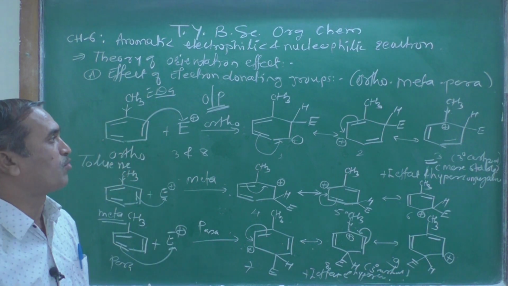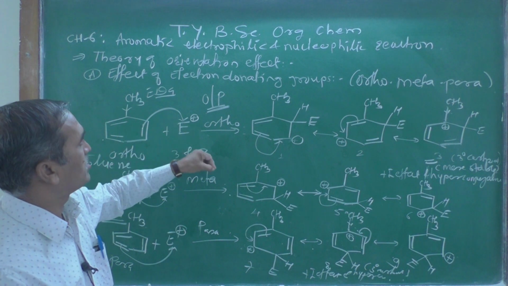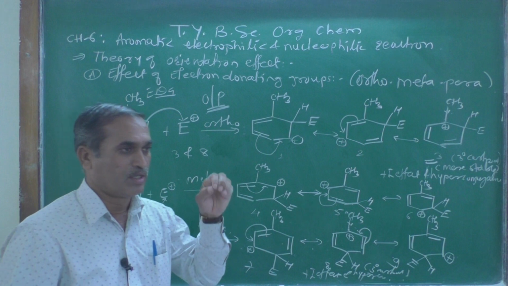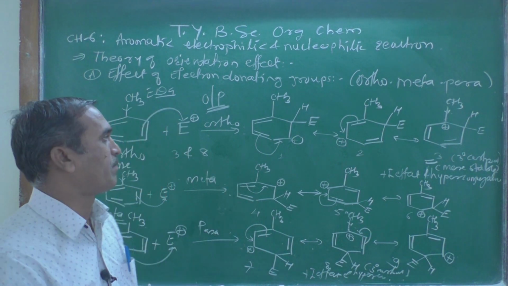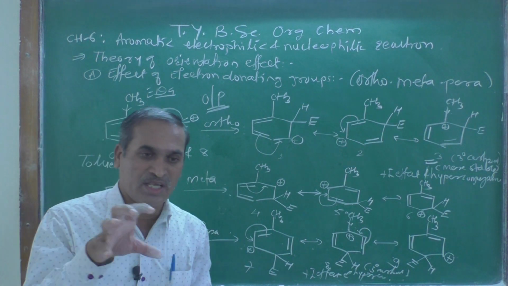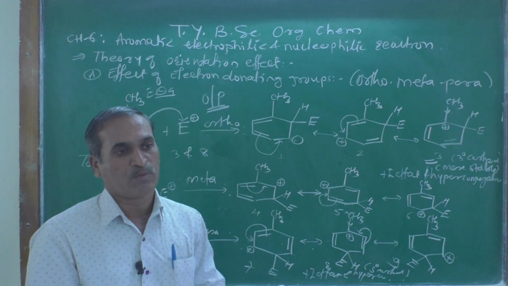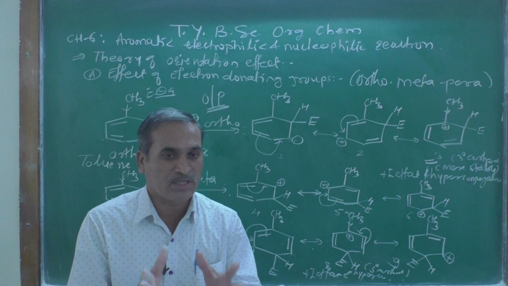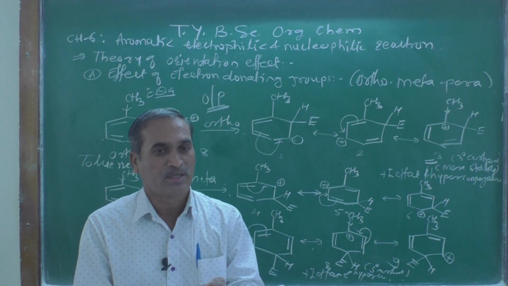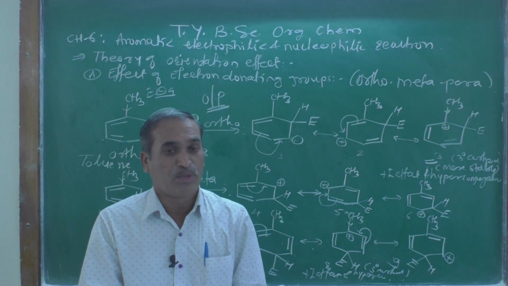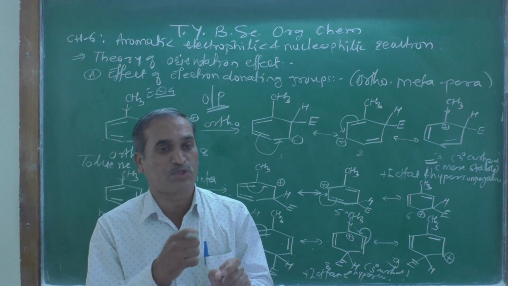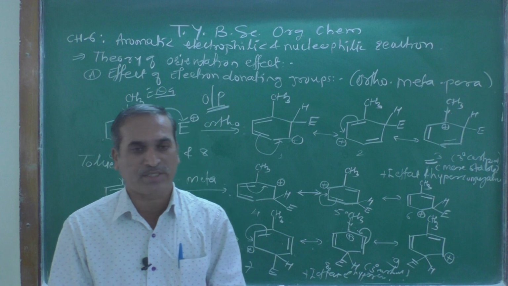Why are they ortho-para directing? Because when the electron releasing group gives electrons to the benzene ring, all these 3 positions get activated, but as compared to the meta position, the ortho and para positions are more activated.